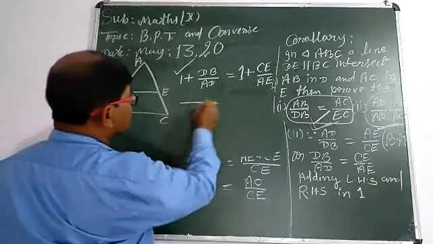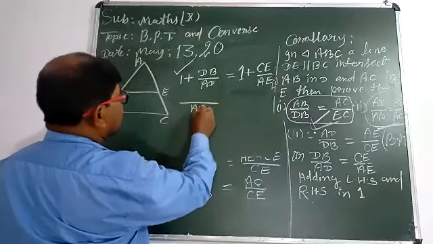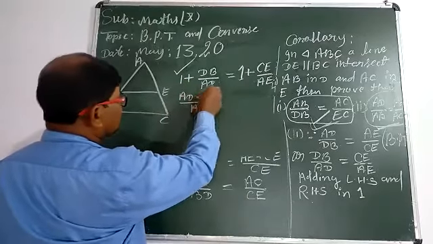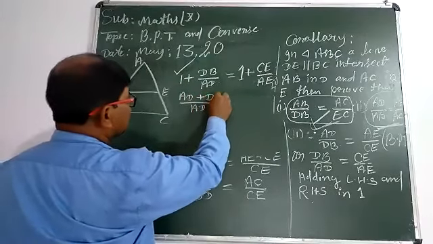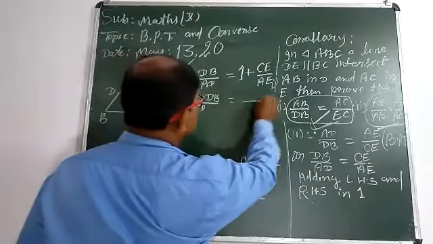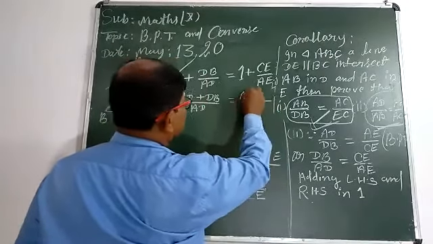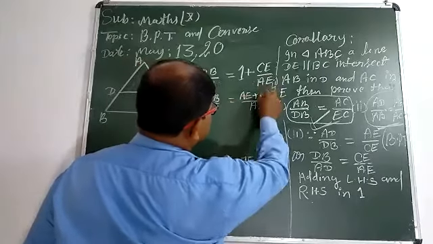Now find the LCM. LCM of AD is AD. So AD multiply 1 is AD plus DB, equal to LCM AE. So this is AE plus CE.